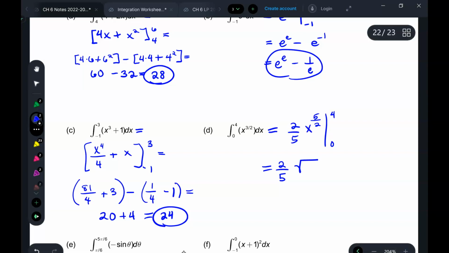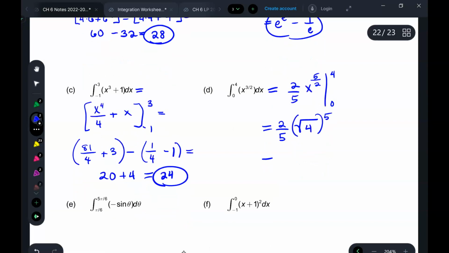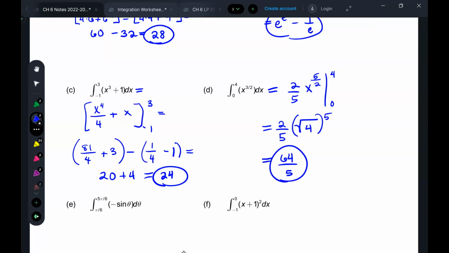So we want square root of 4 to the 5th power minus plugging in 0. Oh, it would just be 0. So square root of 4 is 2. 2 to the 5th, 32. 32 times 2, 64 over 5. Maybe work on some of those multiplication and power rules. No, you're good. Okay, great.